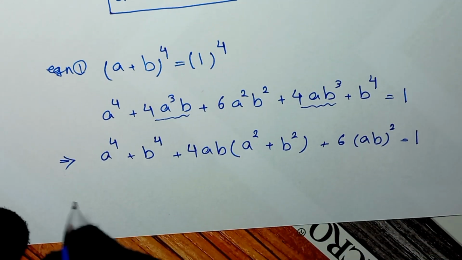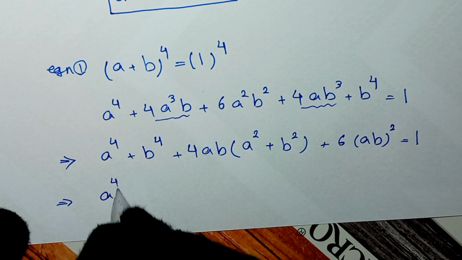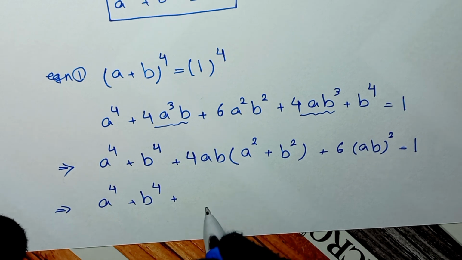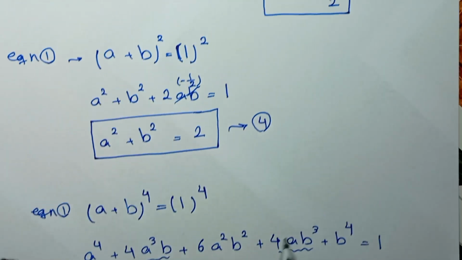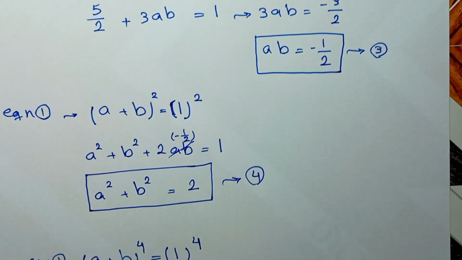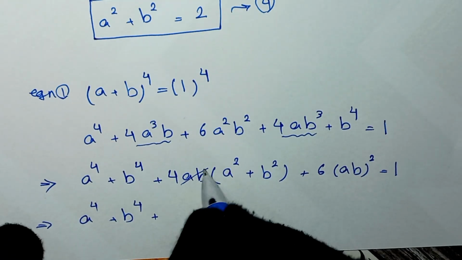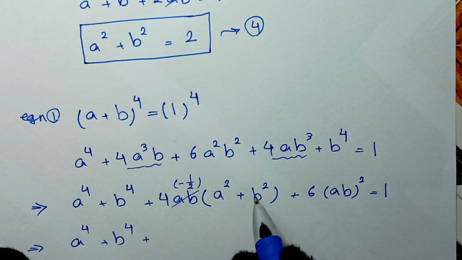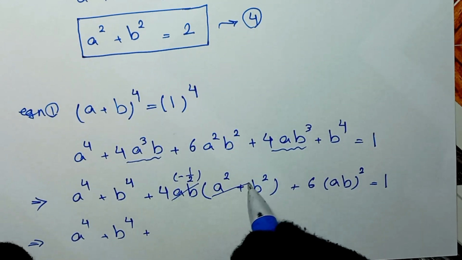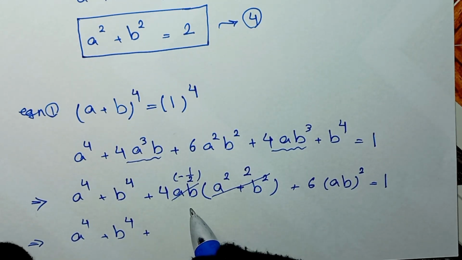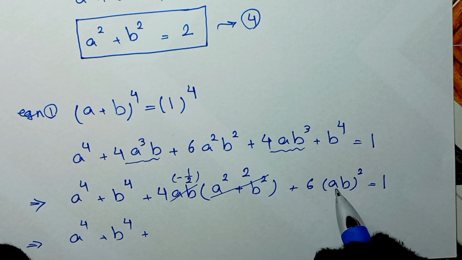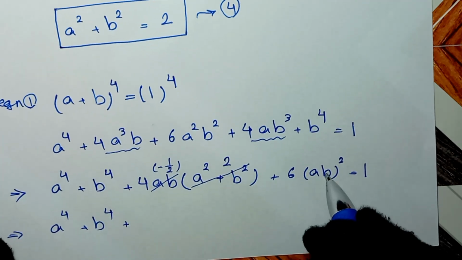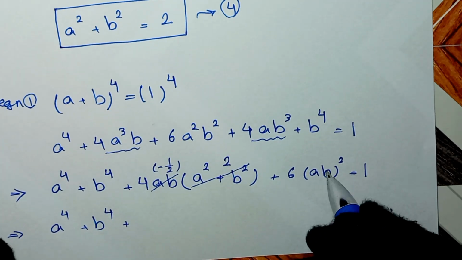So in the next step, a to the power of 4 plus b to the power of 4 plus 4ab, where ab is negative 1 over 2, and a square plus b square here is 2. And here we have ab, negative 1 over 2, and (negative 1 over 2) to the power of 2 will be 1 over 4.